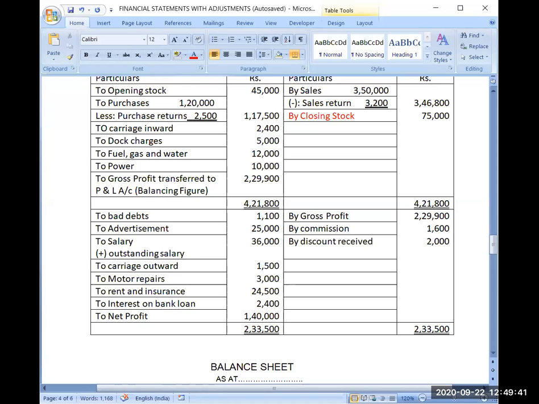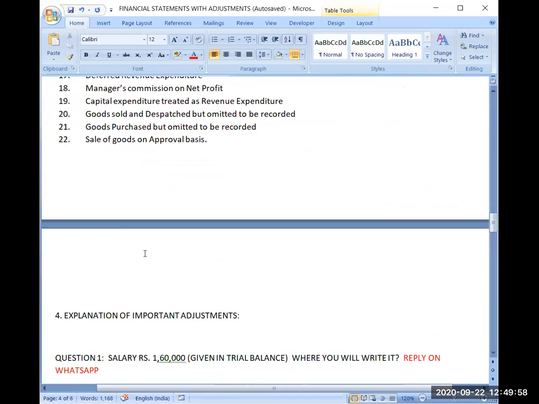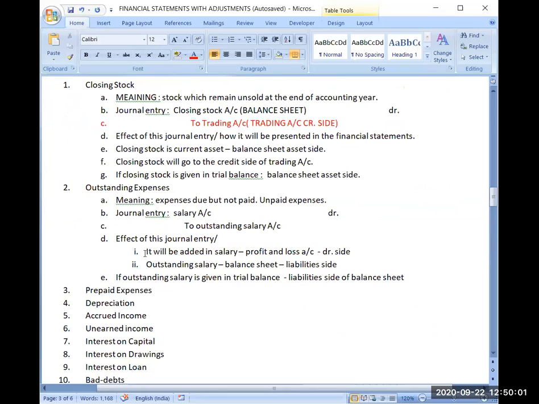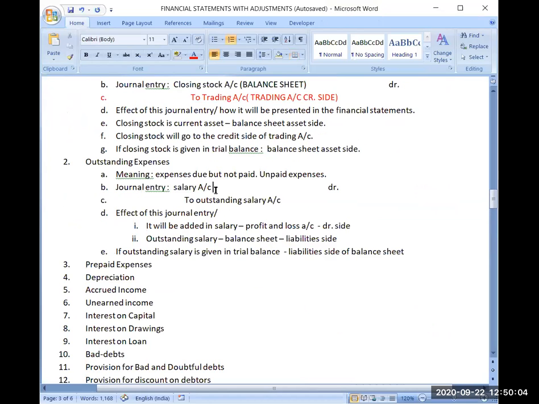In the P&L account, I will be adding this amount to the salary which is written in the profit and loss account.